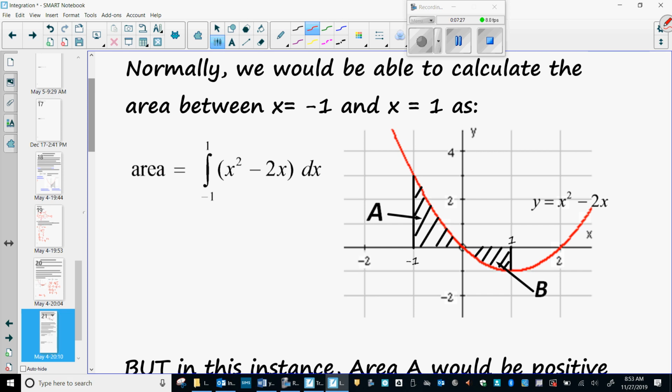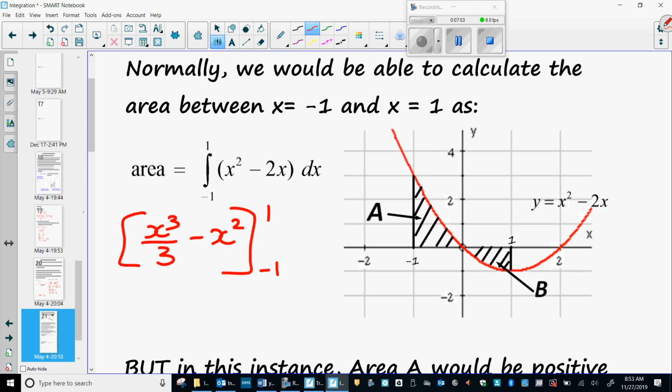So here we've got the same function, x squared minus 2x. But in this case, they want the area between 1 and negative 1. Now, here we can see that some of it is underneath, some of it is on top. So if we were to just do what we've done and have x cubed over 3 minus x squared, that's what it ended up as, wasn't it?